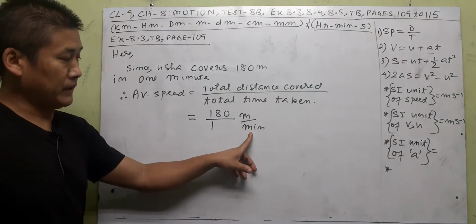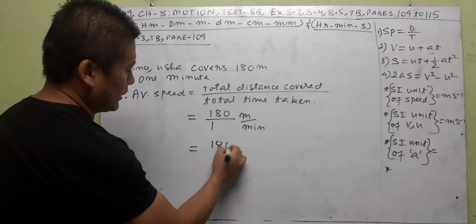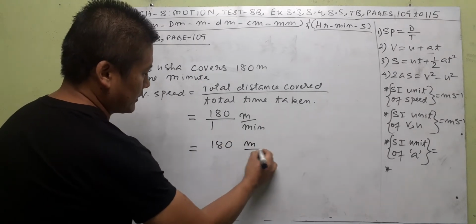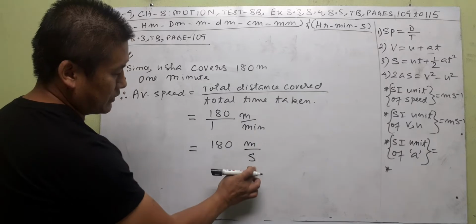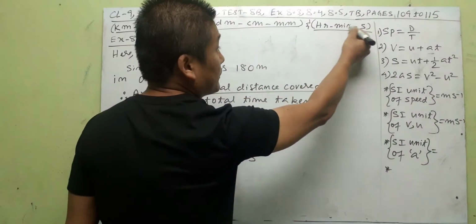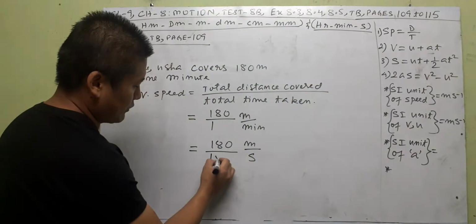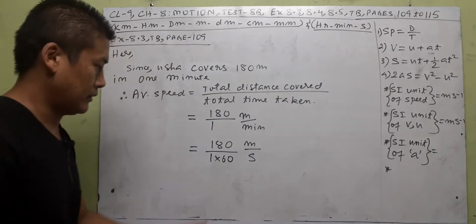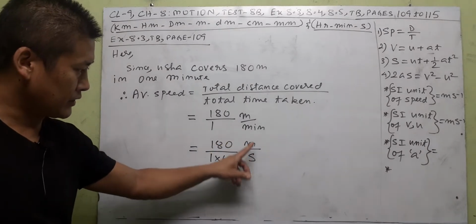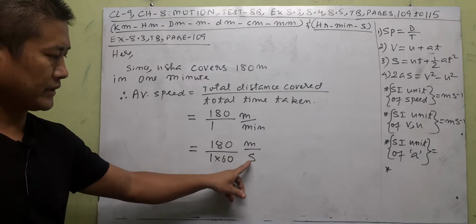So we need to change the minute to second. So how do you do that? 180 meter is fine, so we just keep it as it is. But we're changing this minute to second, 1 minute. If you want to change minute to second, you're changing big to small, so you have to multiply this 1 by 60. Then only this minute will disappear and the second will come in. Now it is in the SI unit, meter per second.